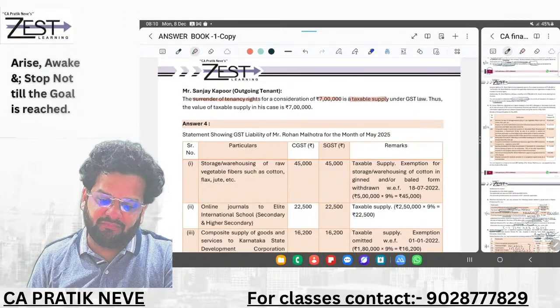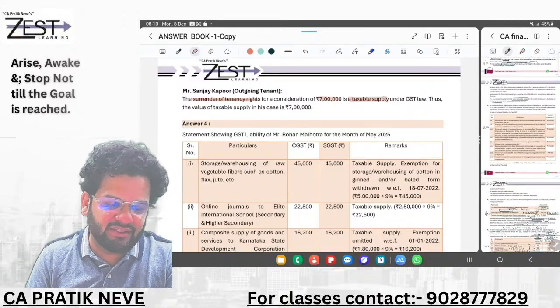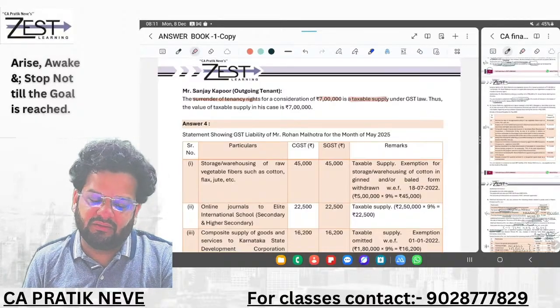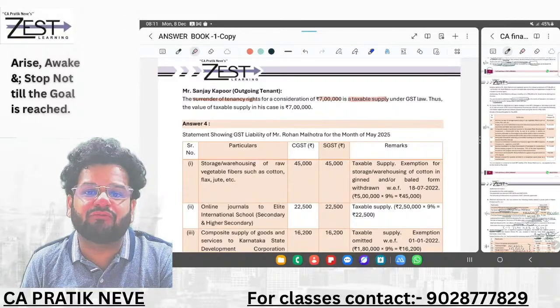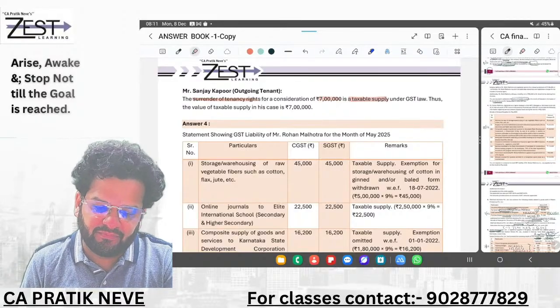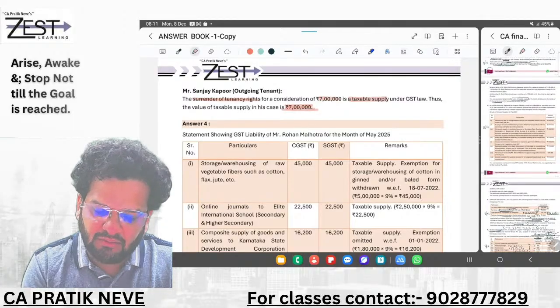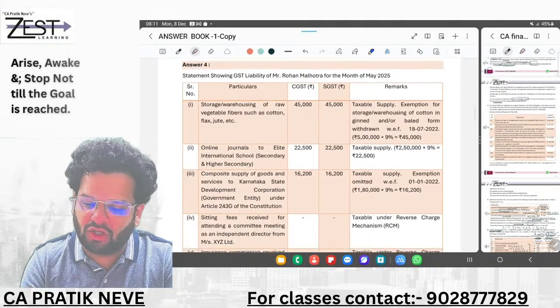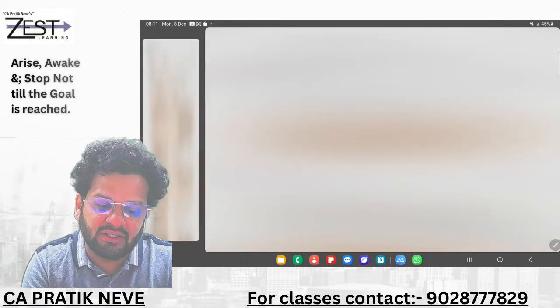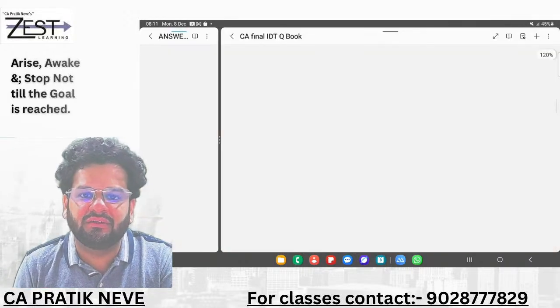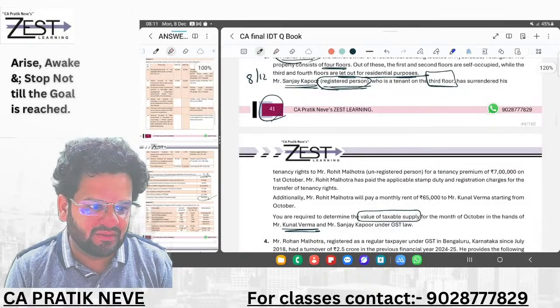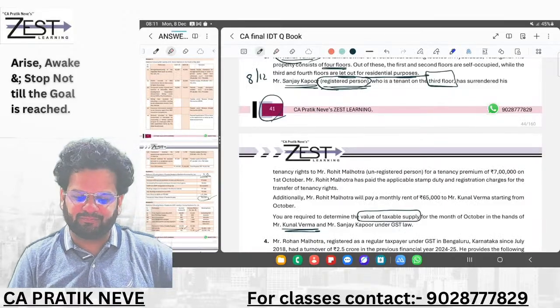So yes, on surrendering the tenancy rights, Sanjay Kapoor will have to pay GST. Thus the value of taxable supply is 7 lakhs because he has got the consideration of 7 lakh rupees against surrendering the tenancy rights.